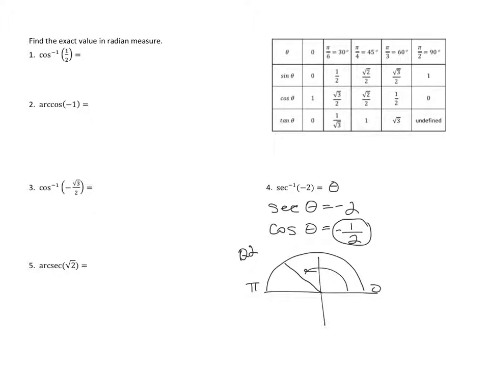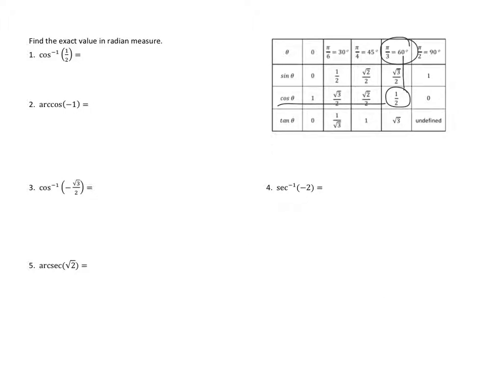So if we come up to our chart, cosine equals 1/2 at pi/3. So we have pi/3 as our reference angle. But since it was negative, we need to write the standard angle of quadrant 2, and that would be, let's see, it's over 3. That would be 2pi/3. There's our answer.